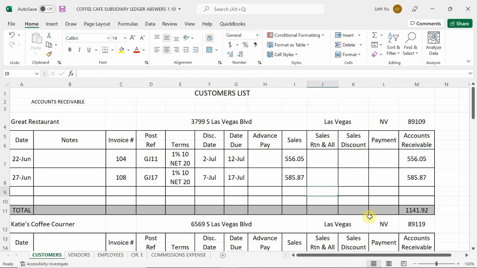Yeah, 526. So here my sales discount is going to be whatever amount this is: 556 minus $30, and I'm going to calculate 1%. So what's 1% of $526?